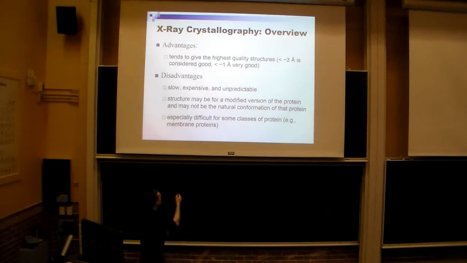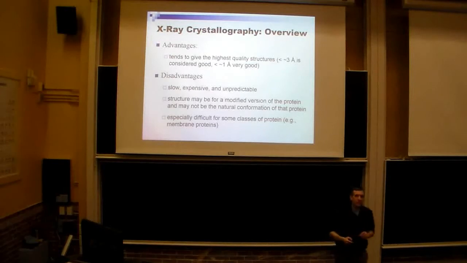But as we saw, it has some significant disadvantages. It's slow, expensive, and unpredictable. What we get is very likely to be the structure of a modified version of the protein that may or may not be reliable for what the naturally occurring version looks like. And although I didn't mention it, it's especially hard to do for some classes of proteins.